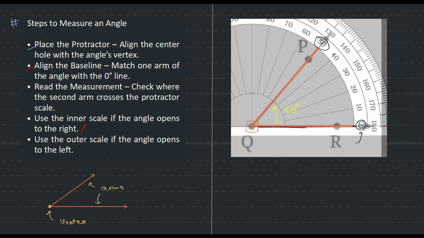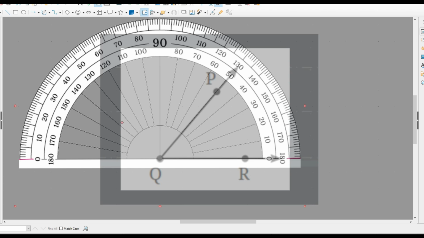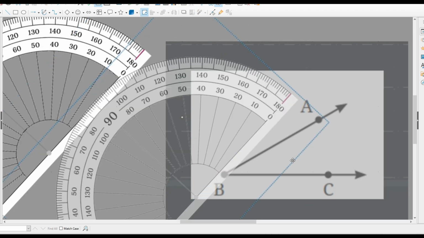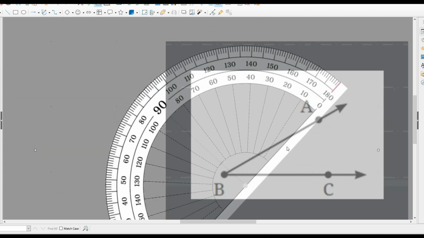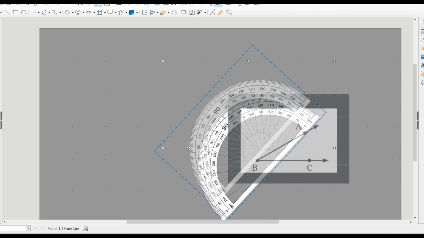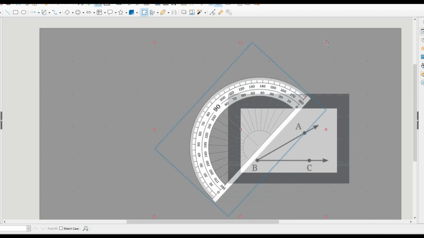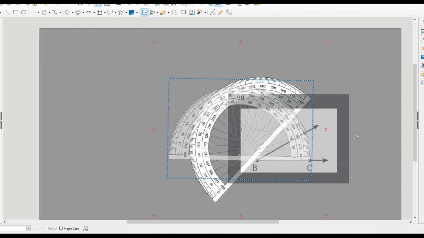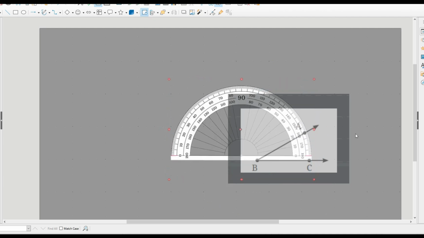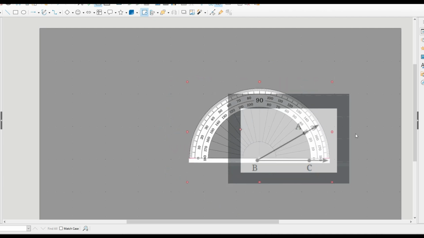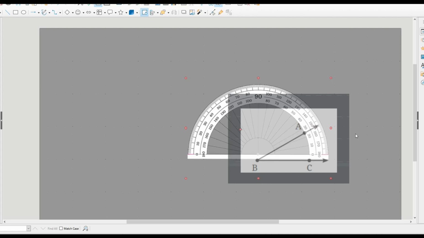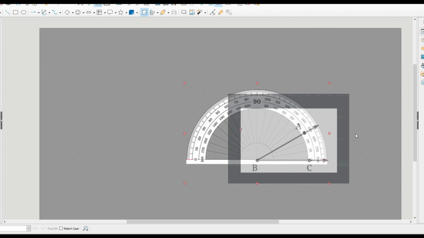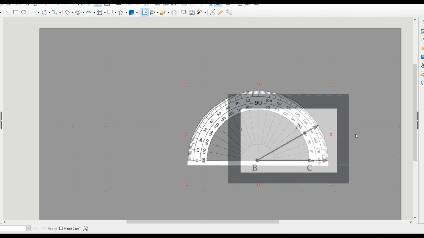Okay, let's do one more question. Since my software does not allow me to align everything in one go, I'm doing two steps. One is aligning the 0-degree with the arm, and then the vertex and the center of the protractor.